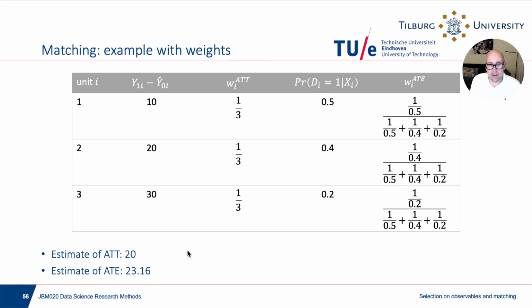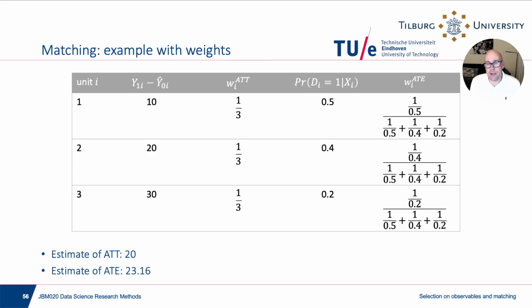I said before that for the average treatment effect, in contrast, we would like to take into account how likely it was that a unit would be treated, and that I would like to give more weight to units that were less likely to be treated in the first place.